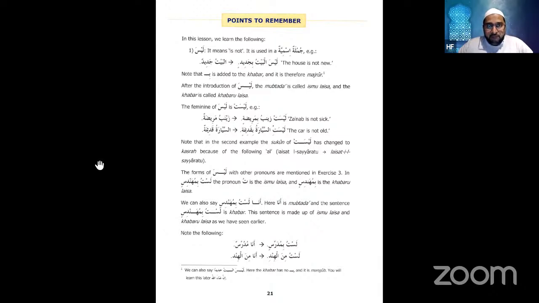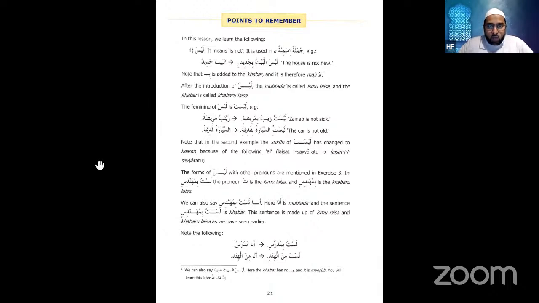But over here, it does the opposite. The khabar should be mansub, but they have brought the preposition ba. Because of the preposition ba, the last letter gets a kasra rather than a fatha tanween.